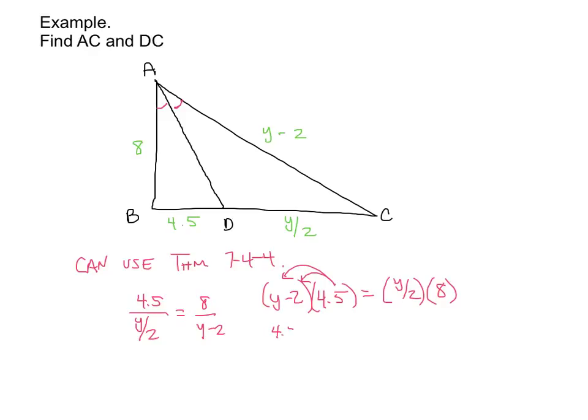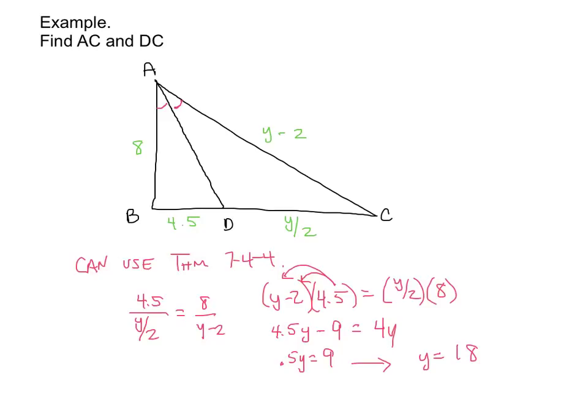So what we see is that it's 4.5y minus, use a calculator, you find it's 9. And this is equal to simply 4y. Getting the y's on one side, I see we get 0.5y is equal to 9, because I moved the 9 over. And therefore, y is equal to 18. Now, some people might have wanted to say 4.5 at this point. Be sure you're dividing by 0.5. It's 9 divided by 0.5, which is 18.